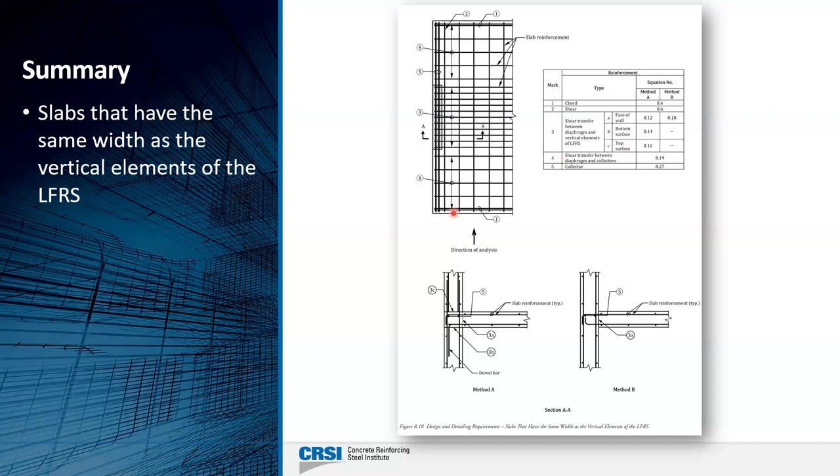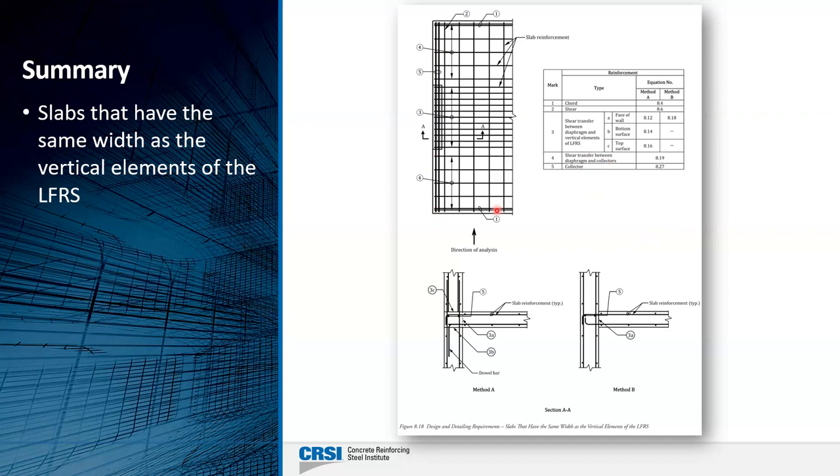Mark 4 are any shear transfer reinforcement bars between the diaphragm and collector. Like we said, generally speaking, the slab reinforcement is going to be good enough to do that without having to provide any additional reinforcement. And finally, these Mark 5, along the entire depth, are our collector bars.